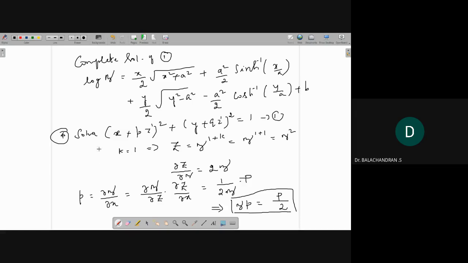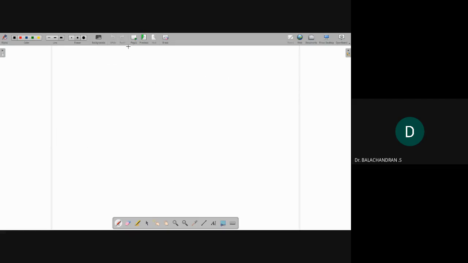Similarly, small q equal to dou small z by dou y, but we have capital Z substitution. So dou small z by dou capital Z into dou capital Z by dou small y, and this is equal to 1 by 2 small z.